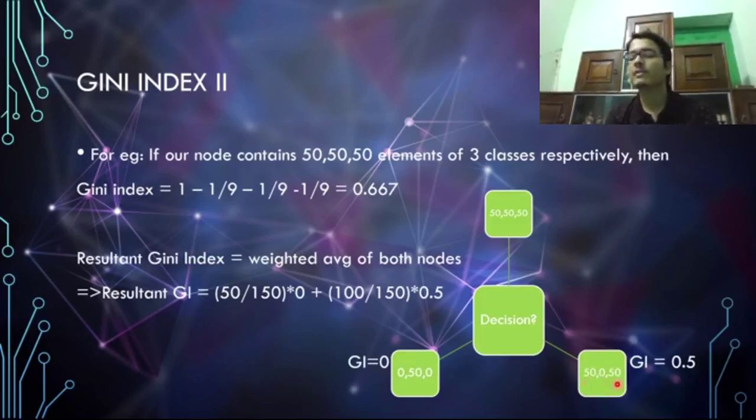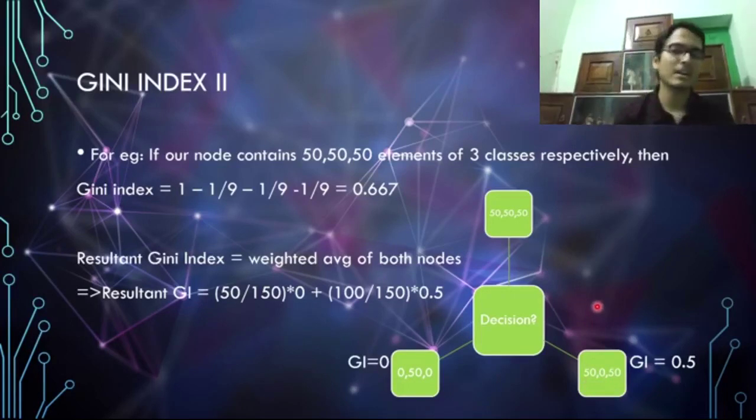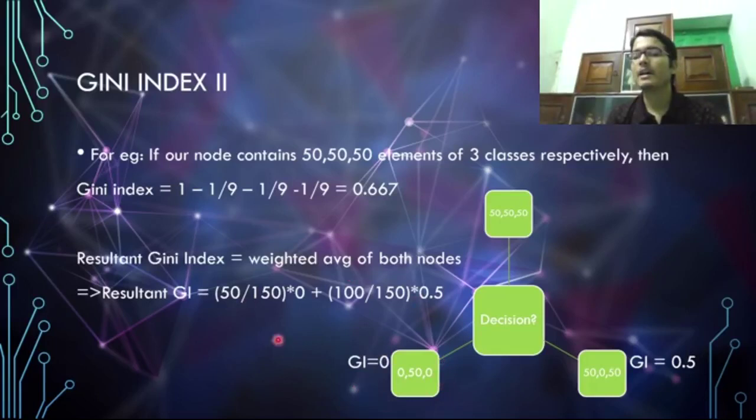So our Gini index will be 1 minus 1 by 4 minus 1 by 4, which will be basically 0.5. So the resulting Gini index is the weighted average. So 50 by 150 is the weight of this node multiplied by 0, and 100 by 150 is the weight of this node, whose Gini index is 0.5. So the resulting Gini index is something like this.